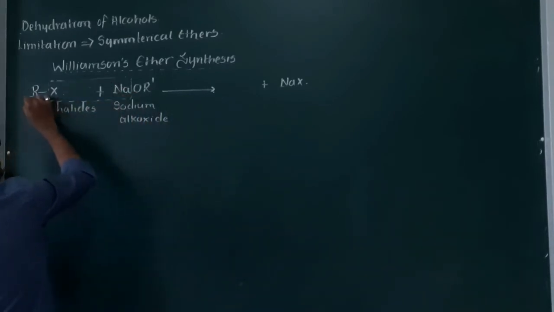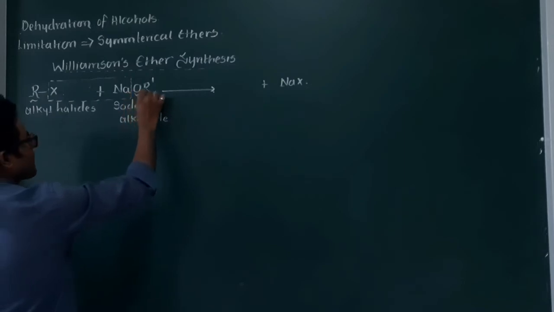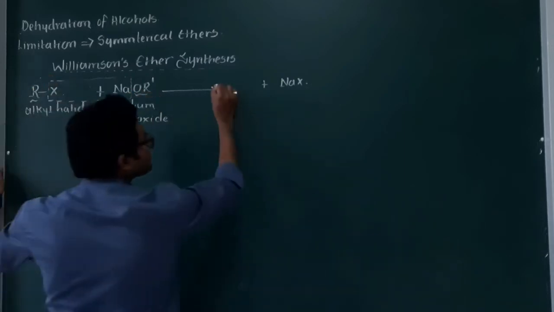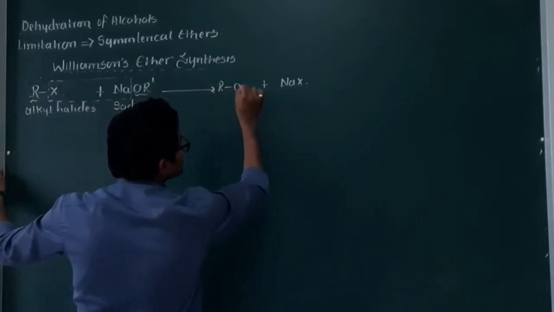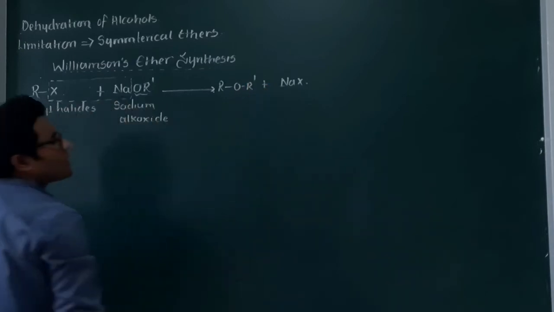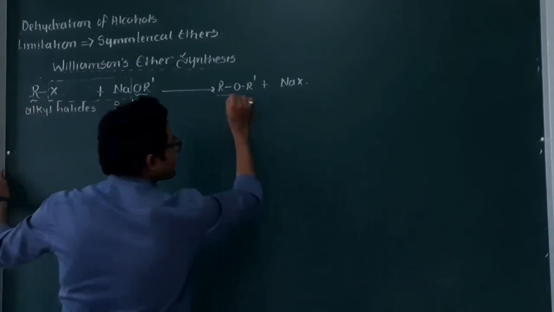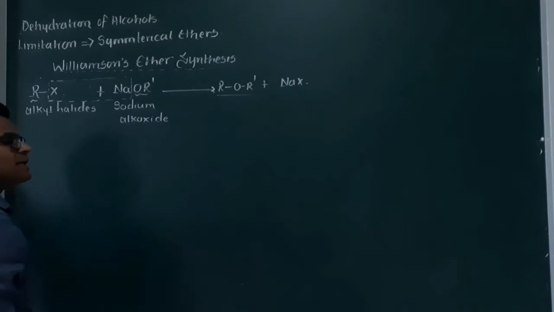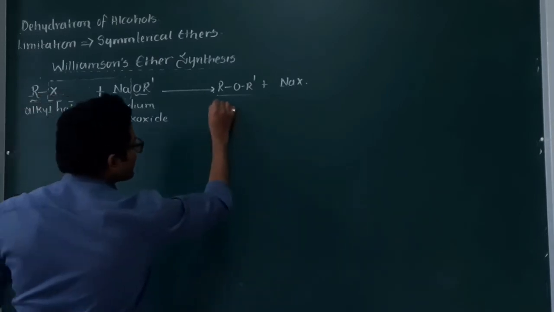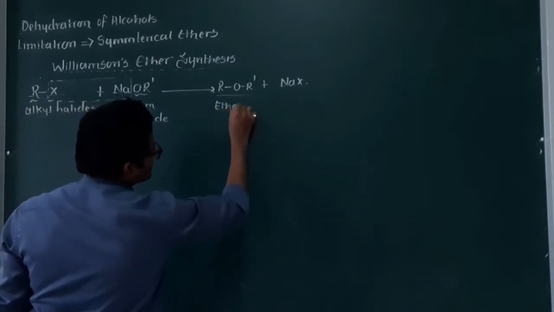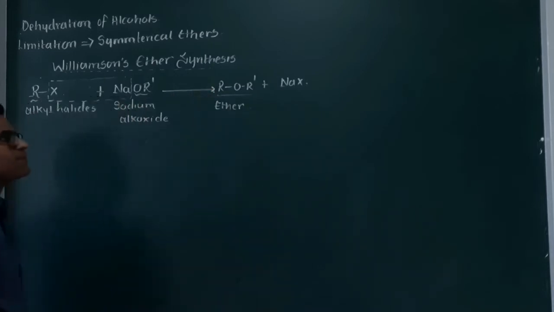Along with this, what remains behind is the alkyl system connected to the oxygen. This is further connected to another alkyl system, where both the alkyls can be the same or they can be different, giving rise to the main product, that is the ether.